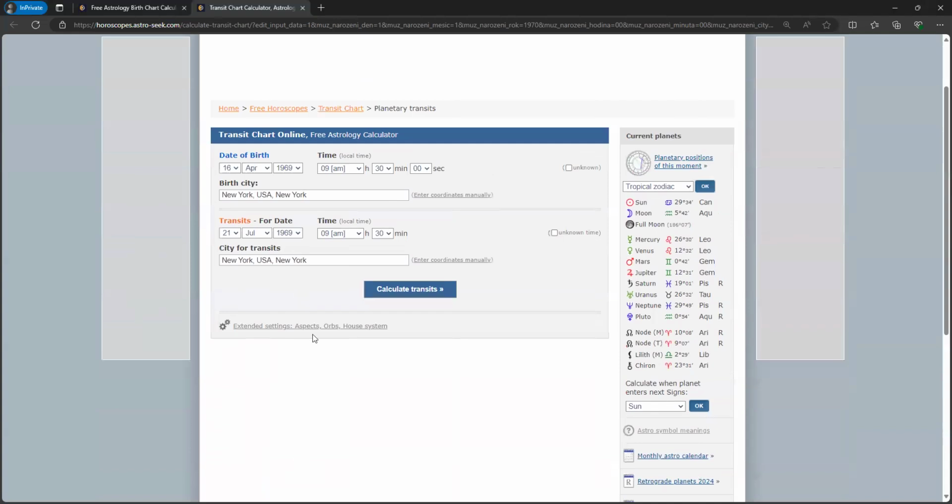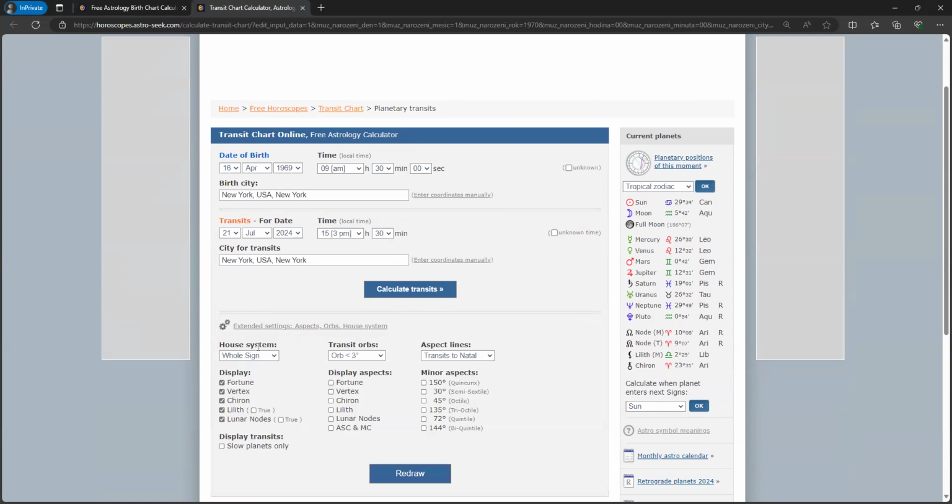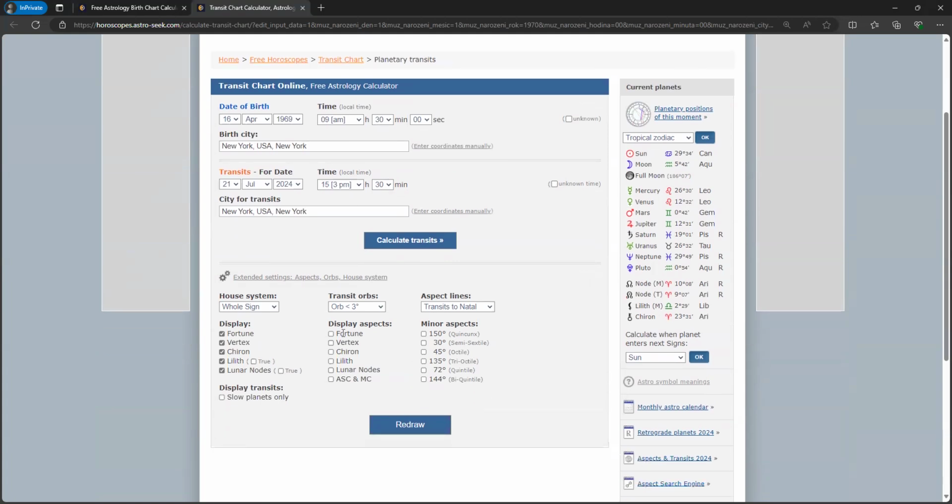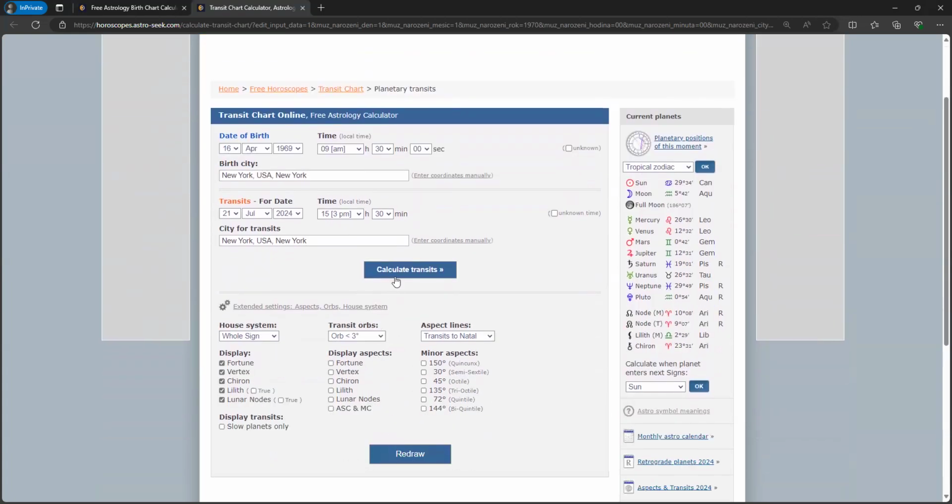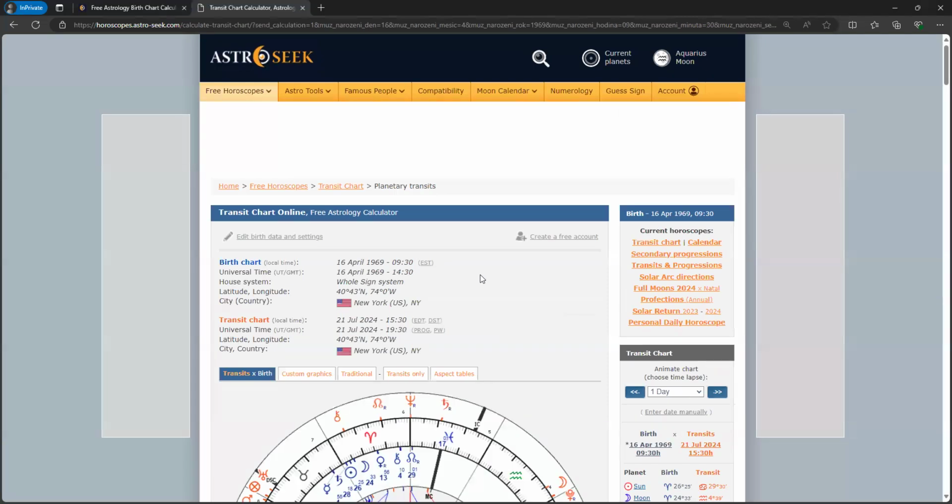And right now, at least my time, let's leave it at 3:30. Remember the whole sign system, the orb less than 3 degrees, and of course this is tropical. We're going to calculate the transits.